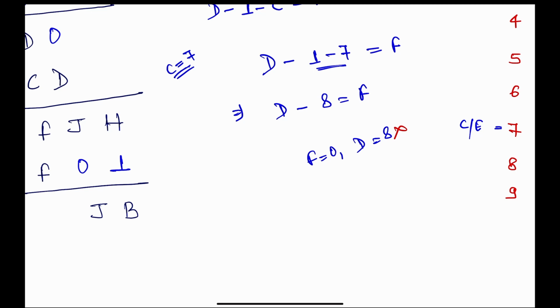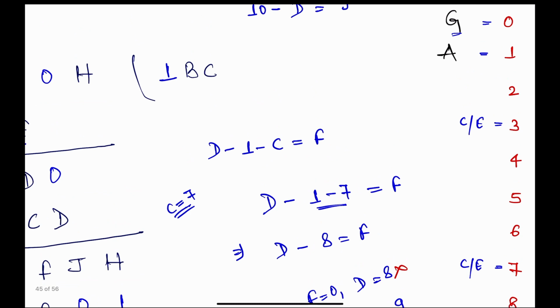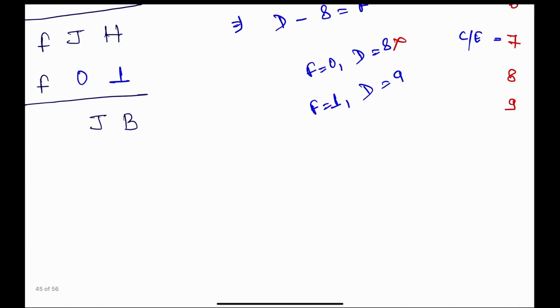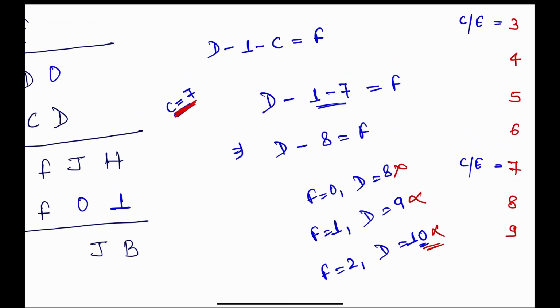Again, if F equal to 1, D will be 9. Is it possible? No, it's not possible again, because A is over here 1 and F is 1, cannot be possible. Great. So let's take F equal to 2, then D will be equal to 10, which itself is not possible because these are distinct numbers. So C being 7, it's already not possible.